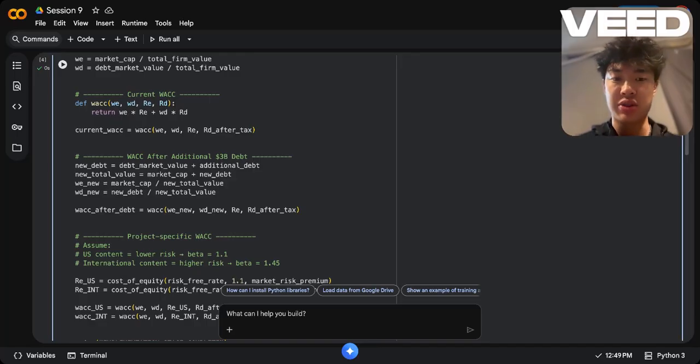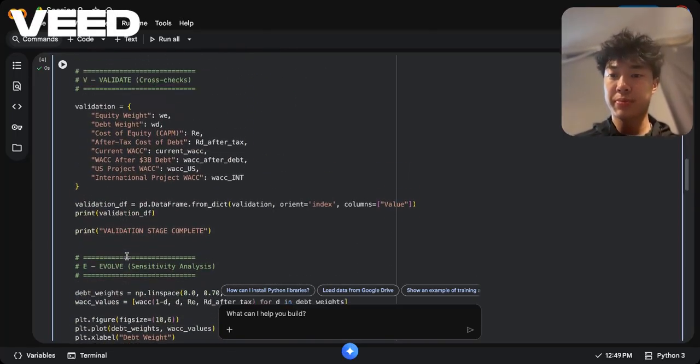For international content, which comes with more uncertainty, I used a beta of 1.45, and that brought the WACC up to almost 12%. That difference is really meaningful because it shows that Netflix shouldn't evaluate every single project with the same hurdle rate. Risk varies by region.